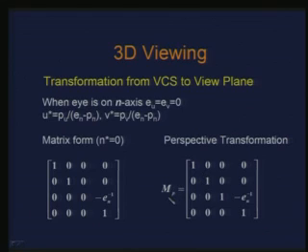And the corresponding matrix for perspective transformation, single point perspective transformation, is this, right. So, all I am saying is that I have this transformation which is happening through this matrix, right, provided the I is on n axis, right. That is what I am assuming.